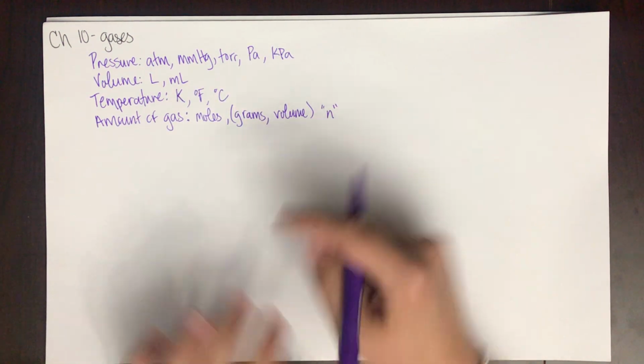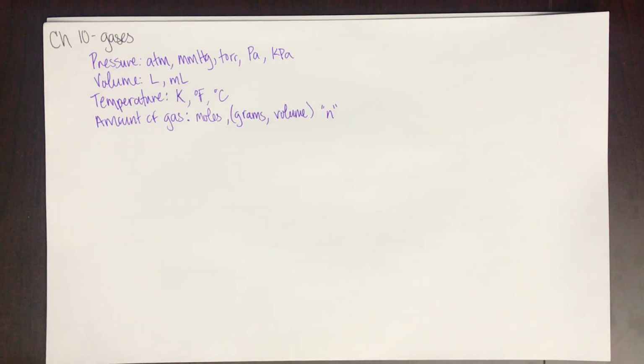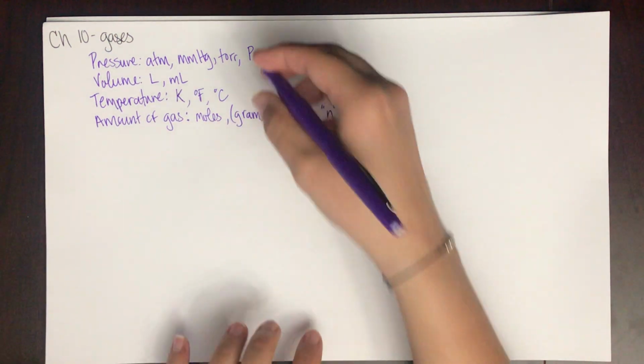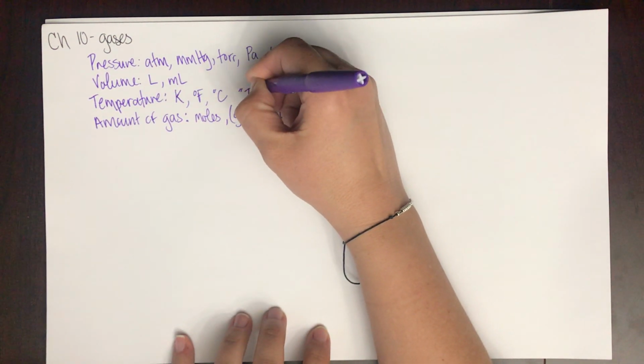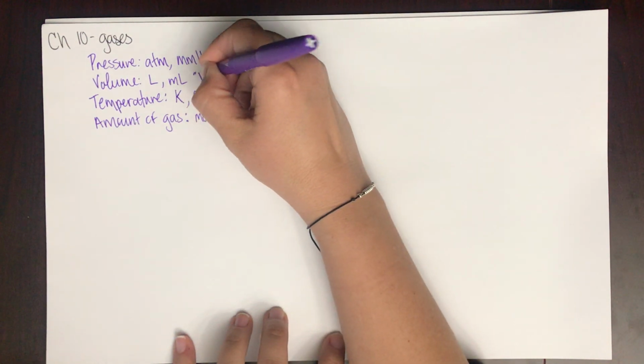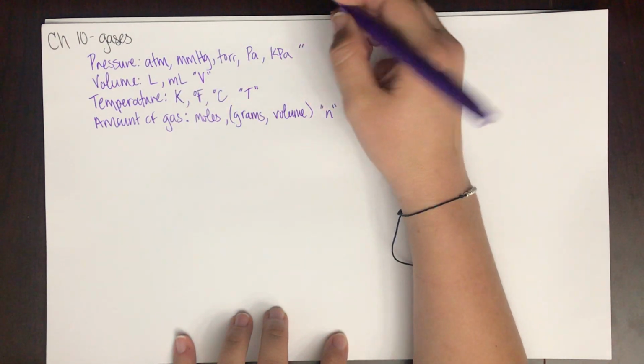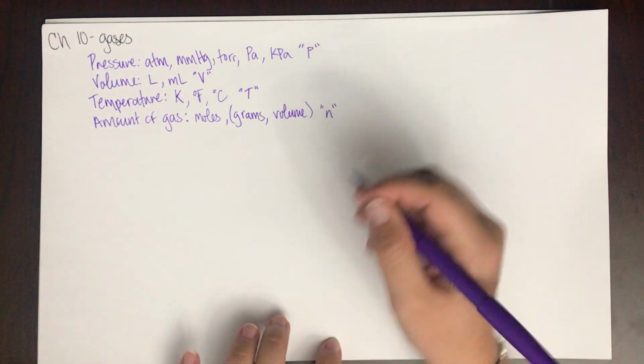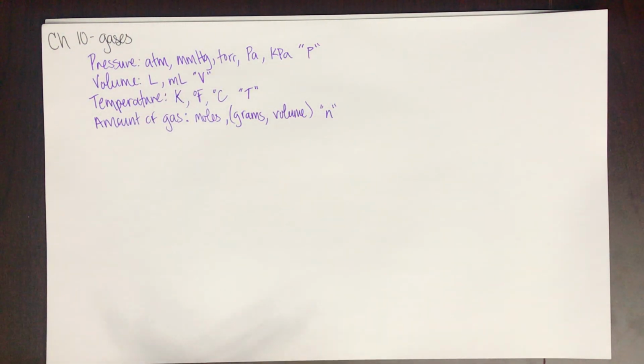So when you see n in a formula, it's referring to the number of moles of gas. Temperature is capital T, volume is capital V, and pressure is capital P. We're going to use all of these. We're going to look at some of the relationships between these variables individually, and then we're going to put them all together.